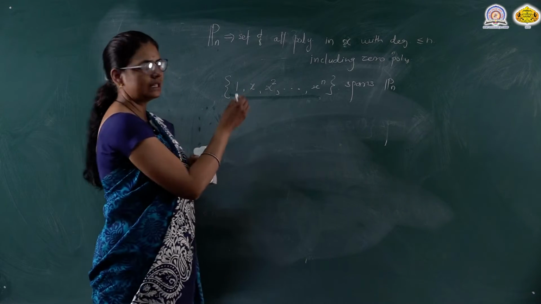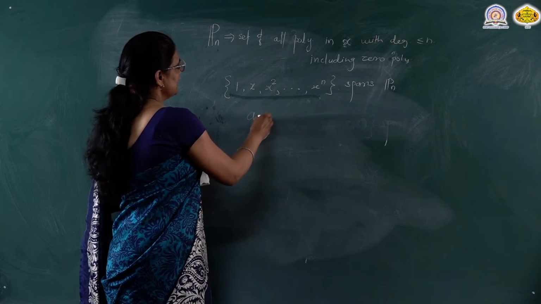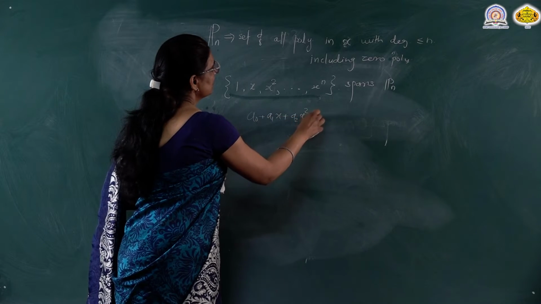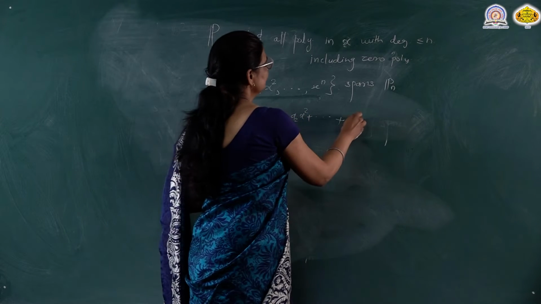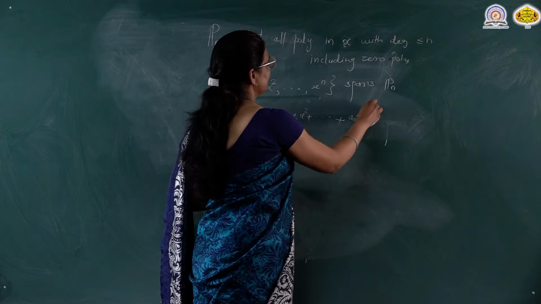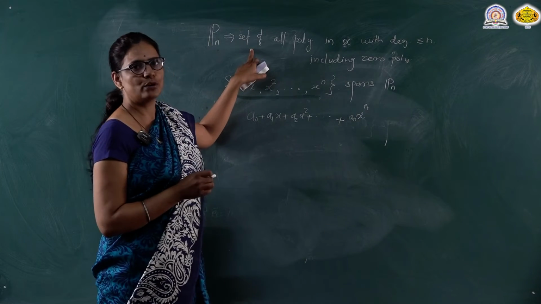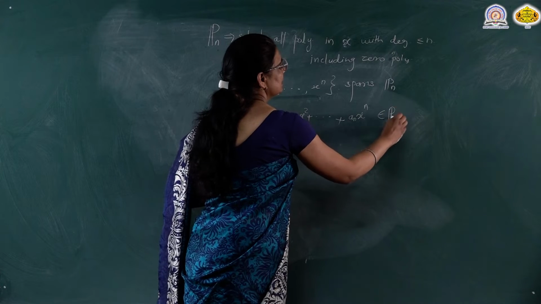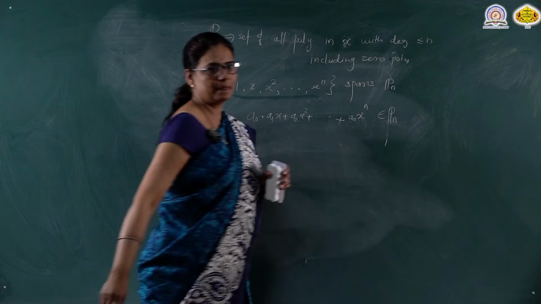So I consider the arbitrary polynomial in Pn, a0 plus a1x plus a2x square continue up to an x raised to n. It is the set of all polynomials of degree less than or equal to n. So this is an arbitrary polynomial in Pn.